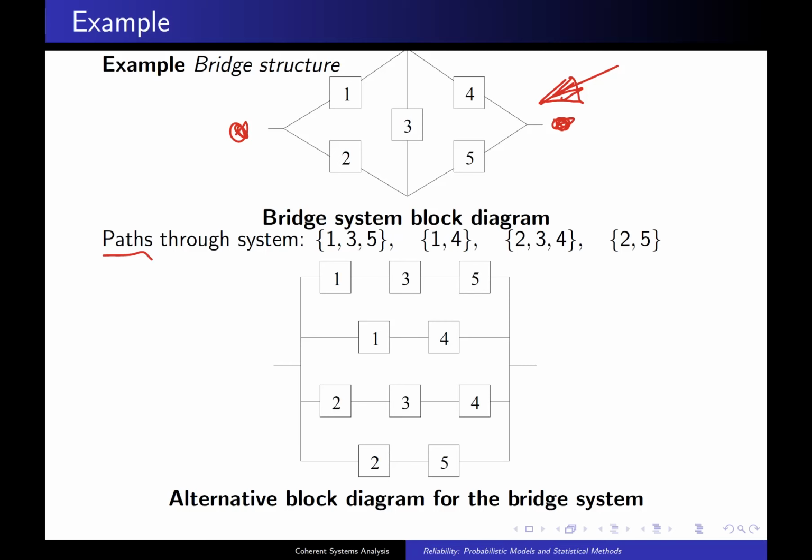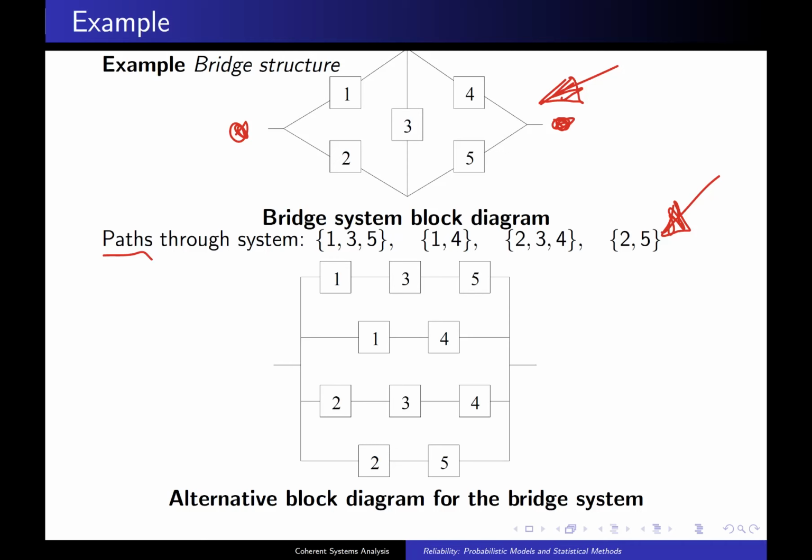And finally, 2 and 5, if you pass through 2 and 5 and they're both operating, that will get you from the left to the right. A little bit later, these 4 sets of components we have written here are going to be something called a minimal path set, but we won't look into that right now.